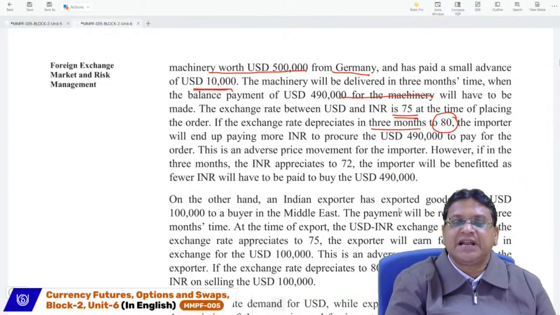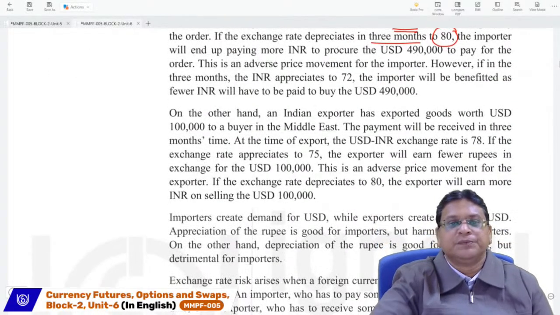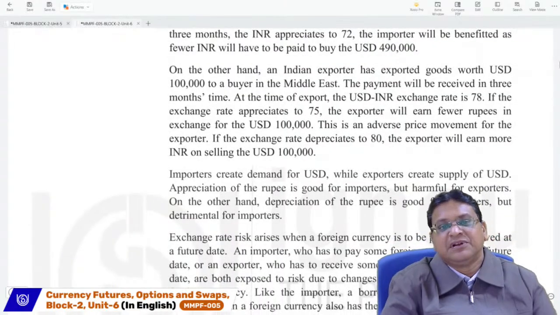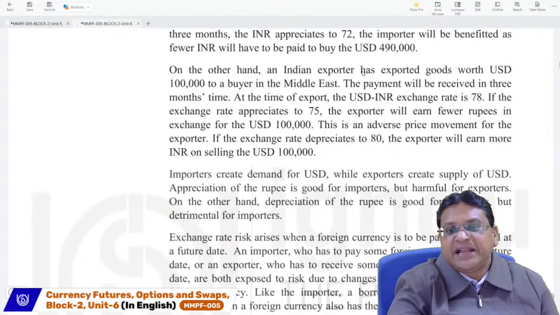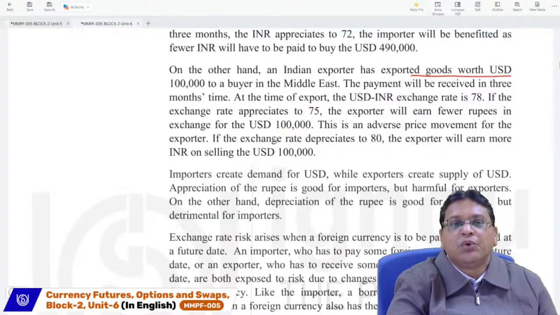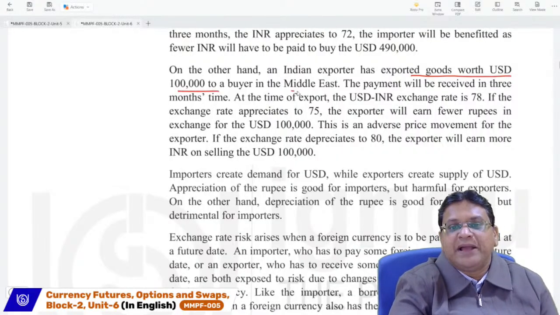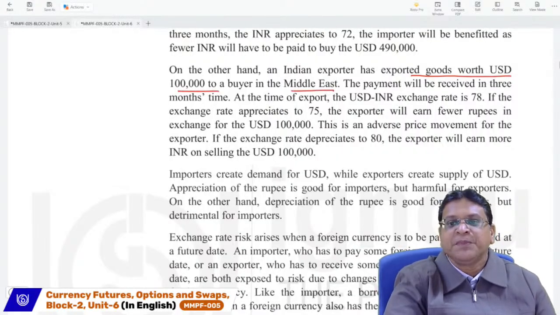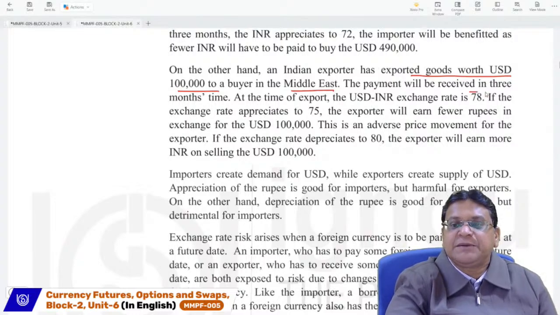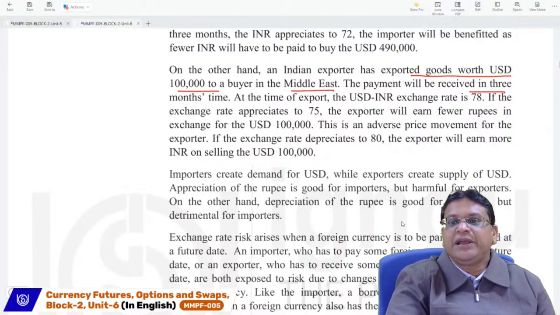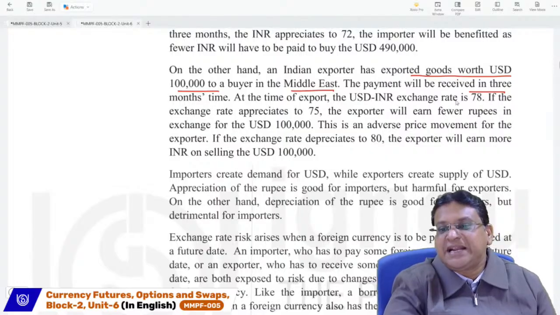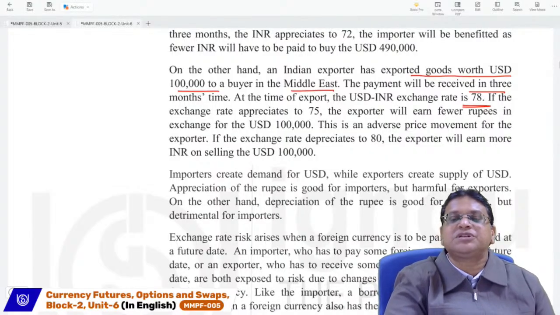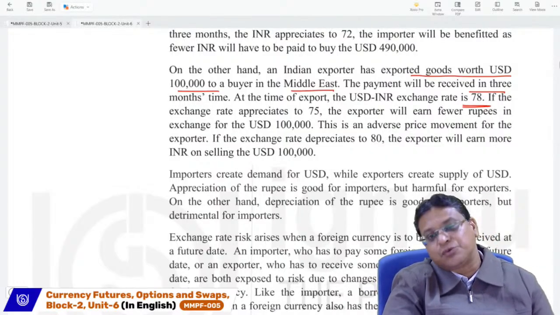Similarly, suppose there is an Indian exporter who has to receive 1 lakh dollars. The Indian exporter exports goods worth 1 lakh dollars to a buyer in the Middle East. The payment is to be received after 3 months. But today the exchange rate is $1 equal to 78 rupees.